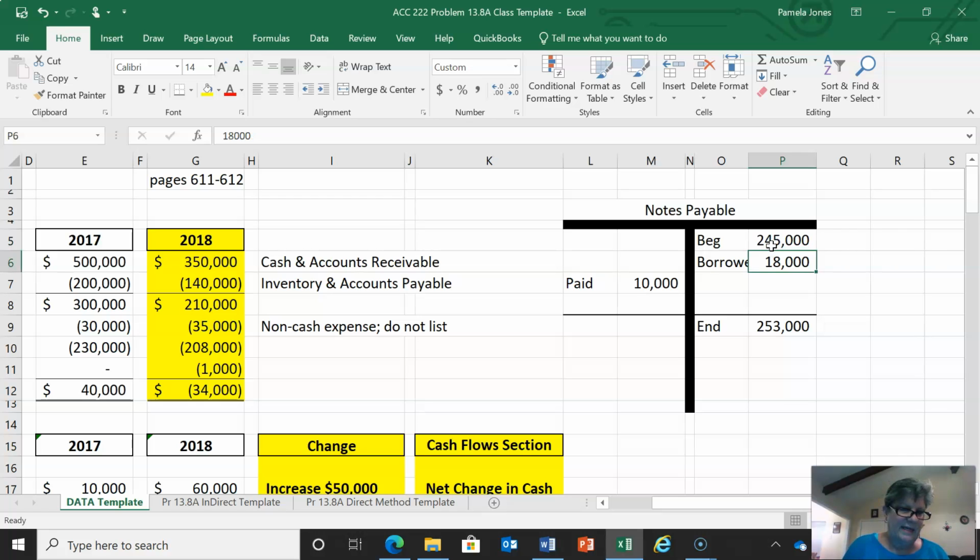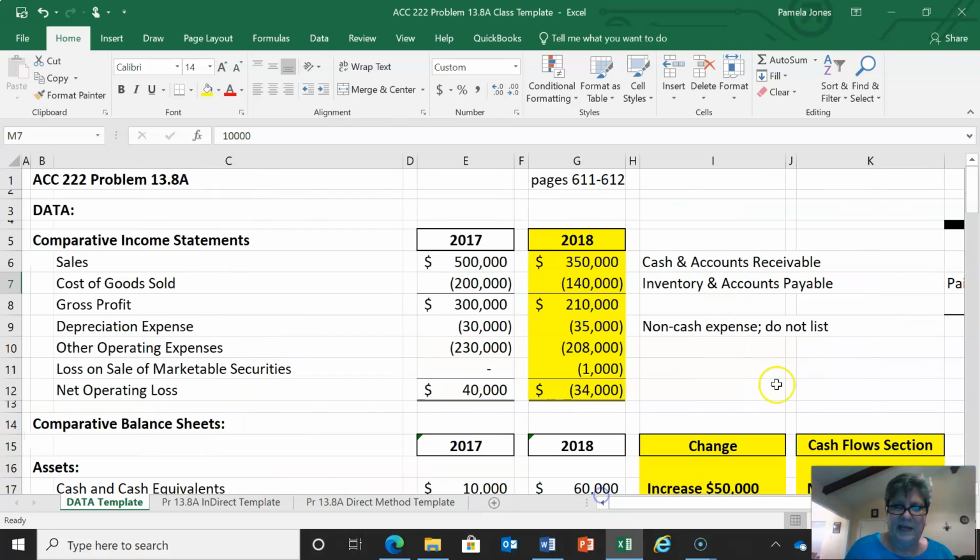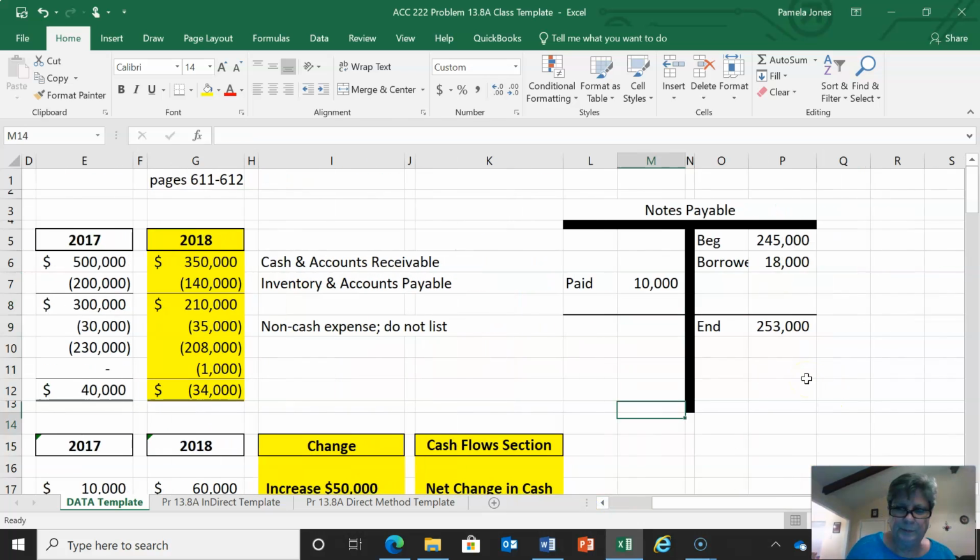And we borrowed $18,000 to buy that plant and equipment. Then we paid $10,000, so we subtract that out, and that does indeed equal our ending balance of $253,000. So we have explained everything that changed the notes payable account, either through non-cash investing and financing or a cash payment on notes payable.